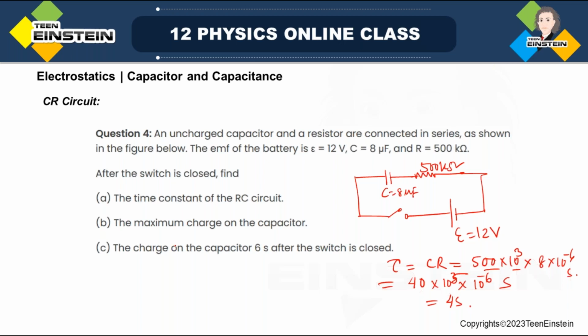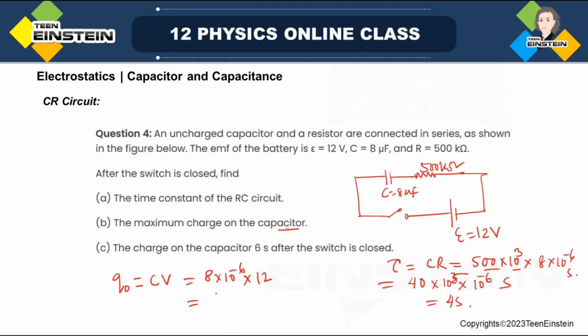Now we have to find out what is the maximum charge on the capacitor. So what is the maximum charge, Q0? That is CV, the total voltage into C. C is 8 microfarad, 10 to the power minus 6, and this is 12 volt.